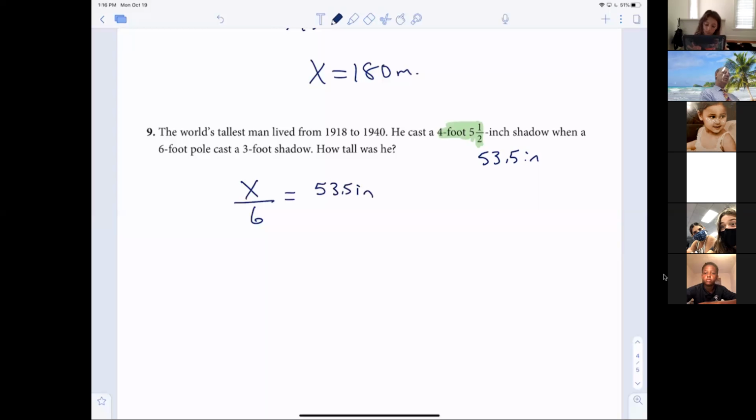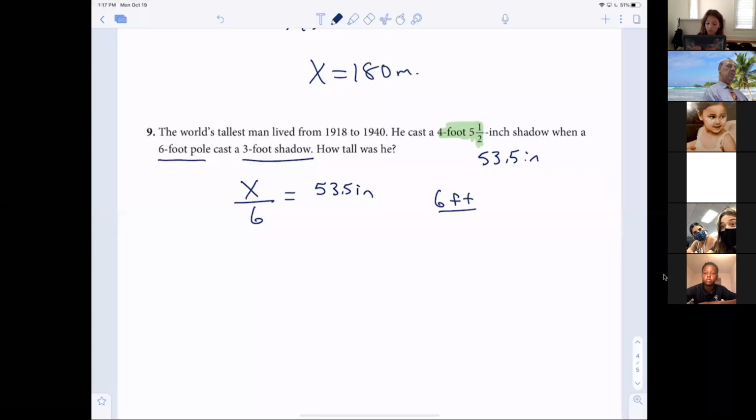Now, if we're going to do it this way, I really want you to put this to this, and let me explain why. If I do 6 feet to 3 feet, you can cross out the units. You with me? So let's do 6 over 3, then the units won't matter.